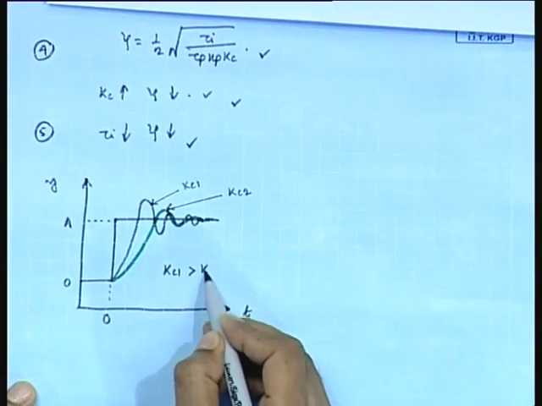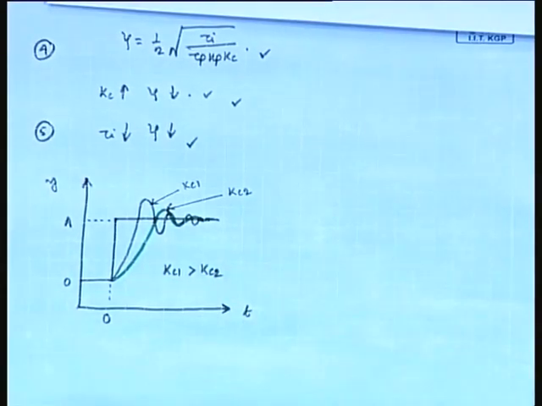Kc1, because our fourth point is that with the increase of Kc we get more oscillatory response. So, Kc1 is larger than Kc2, that is why we obtain more oscillatory response. But definitely here tau I is kept constant, we only varied the Kc value.